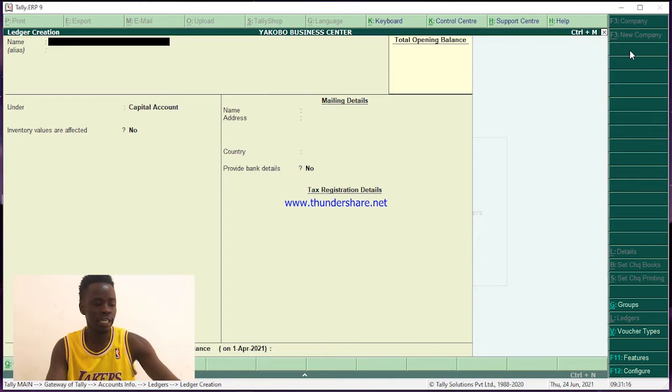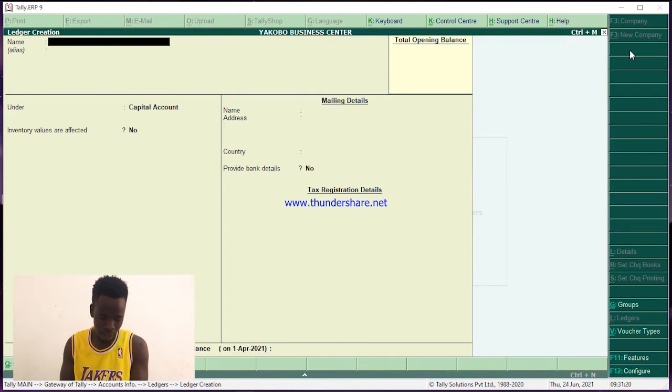So for this case, we're given some information here. Pay the following using Stanbic Bank. The expenses we have are rent, transport, and gasoline.